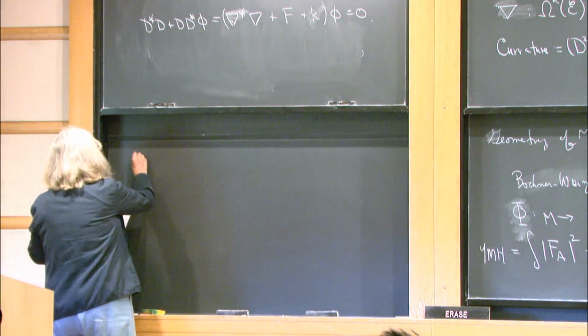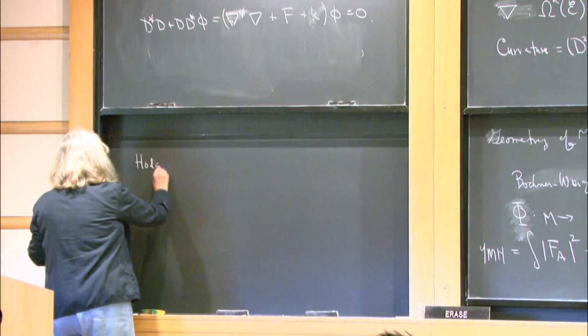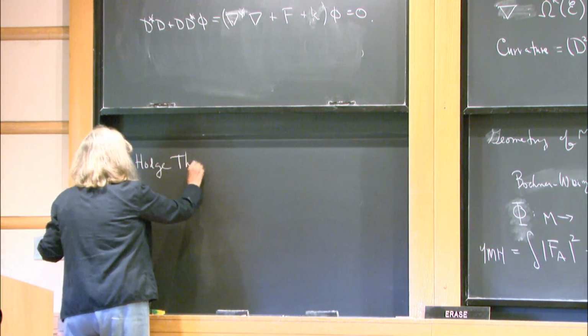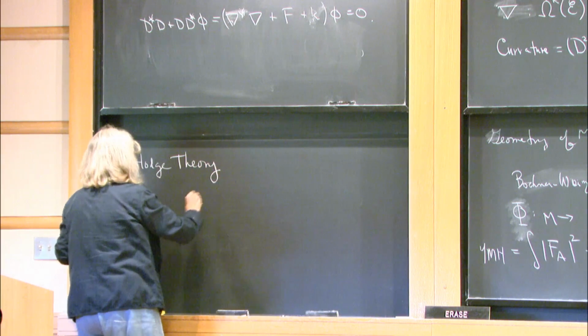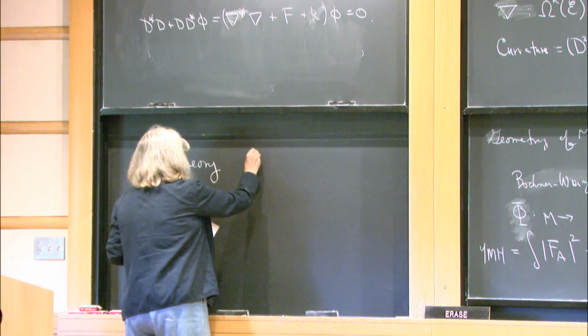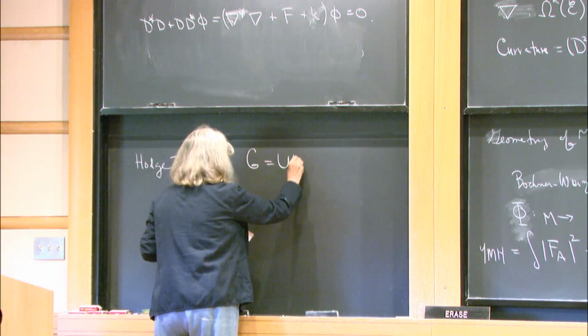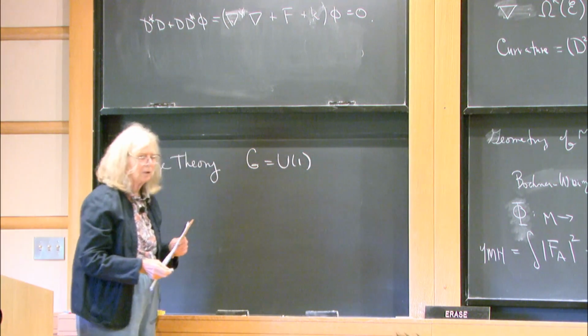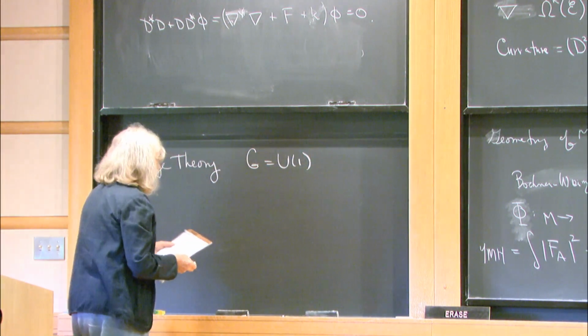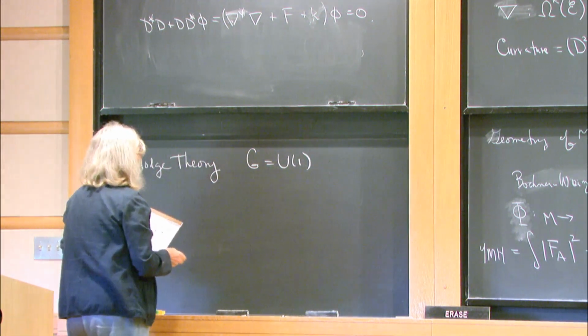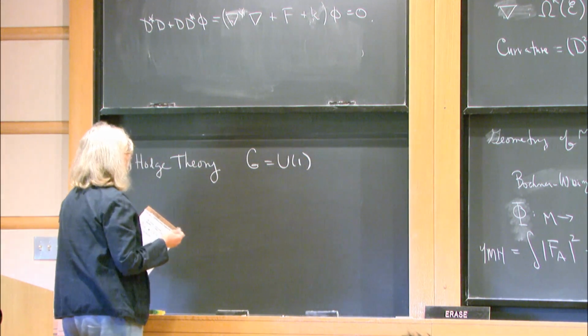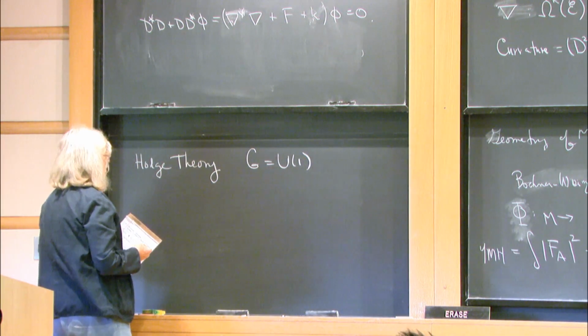And we already know how to do Hodge theory. And Hodge theory is what appears when the group is U(1), is abelian.